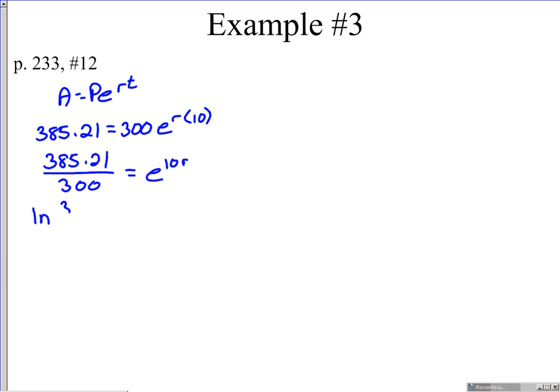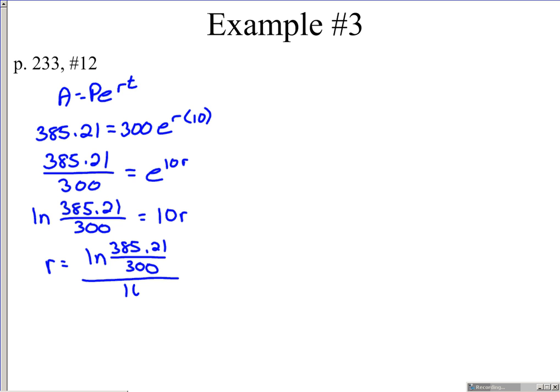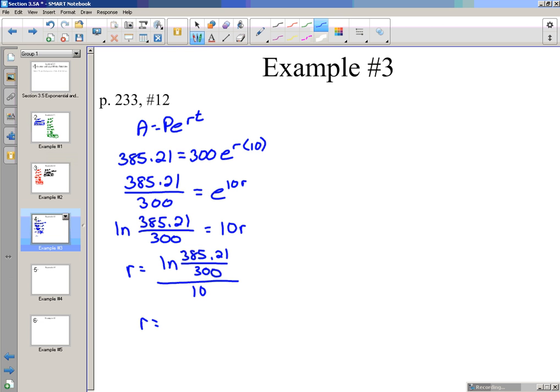Exponential is isolated, so we take the natural log of both sides. Our rate is going to be the natural log of $385.21 over 300, all divided by 10. We're going to plug that whole expression into our calculator.